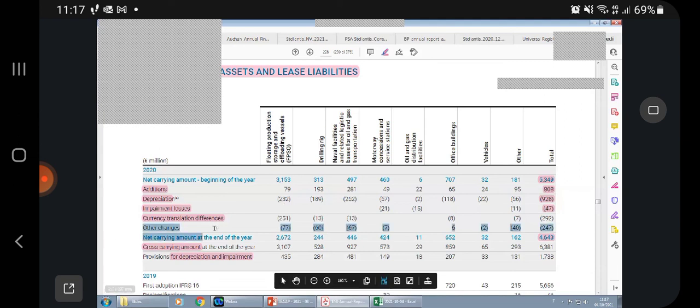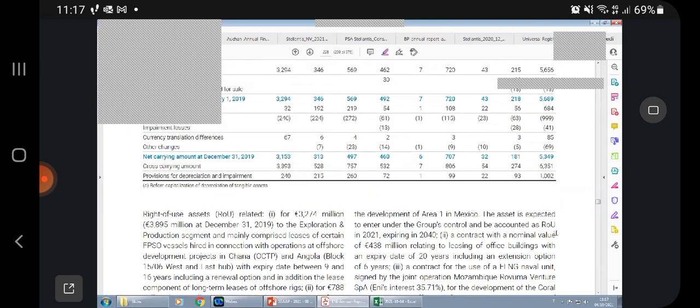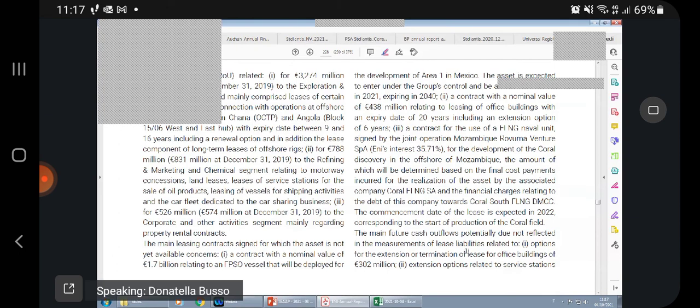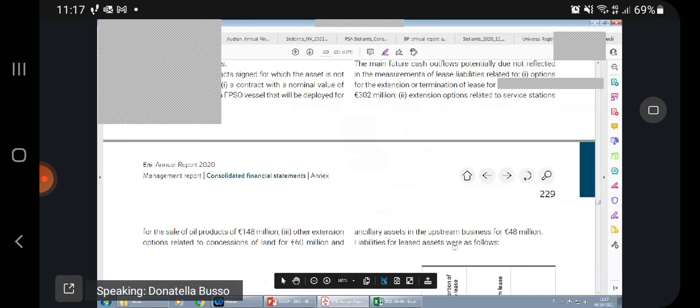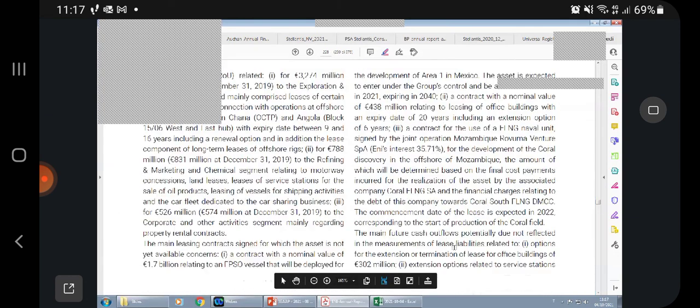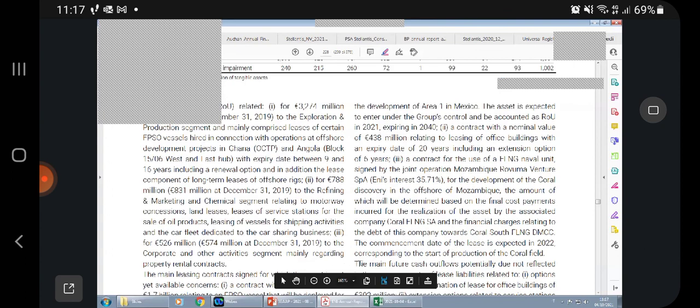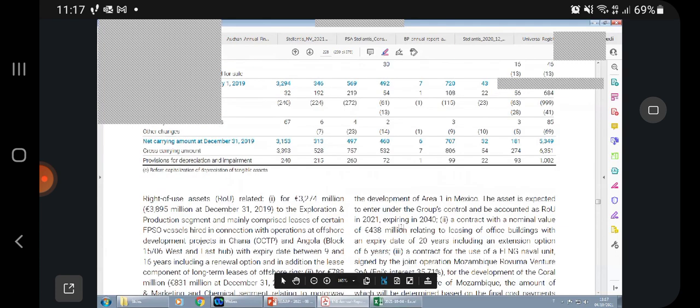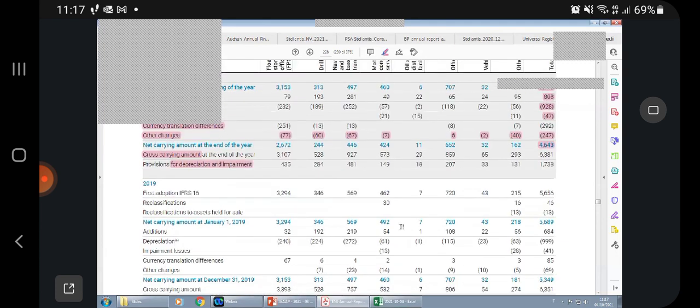And then other changes. Okay? Other changes here, somewhere, there is written, I read it, now I am not able to find it again, but other changes are due to changes in extension of the contract, modification in the contract.